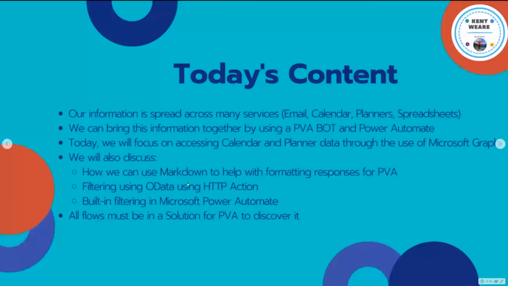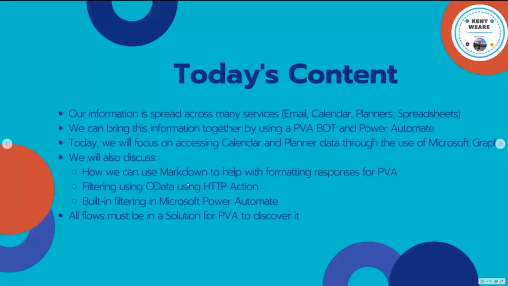One is called Markdown, and this is a way where we can format our responses to Power Virtual Agents. Markdown is a very popular markup language for documenting. If you go to GitHub and look at Microsoft's documentation pages, they're all based on Markdown. So we'll learn a little bit about that. We will also learn about filtering using OData and the HTTP action.